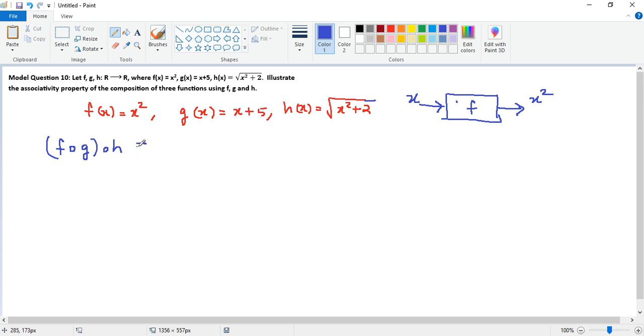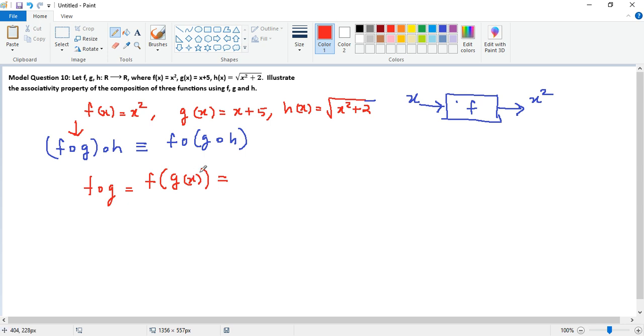We have to show that this is the same as f o (g o h), which means first you'll do g o h, then you'll compose it with f, right? So to do that, first we'll find this f o g. You apply g first and then apply f. So that's f of g of x, right?